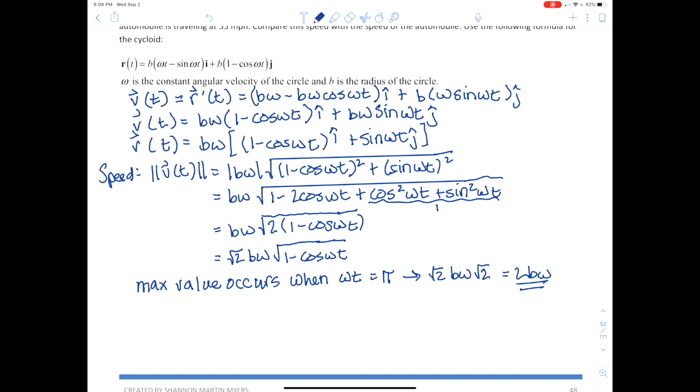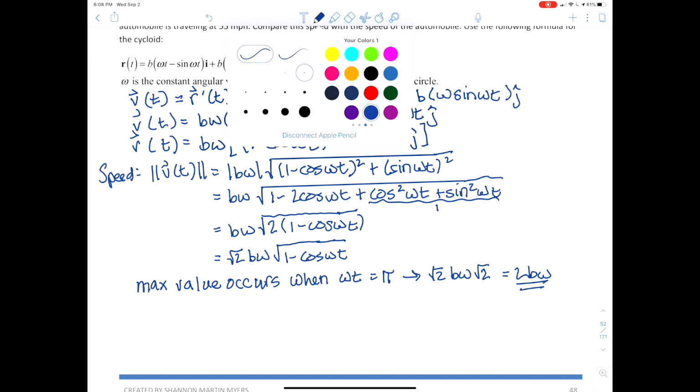So now let's just take a look at getting the 55 miles per hour into feet per second. So we're moving on to that.